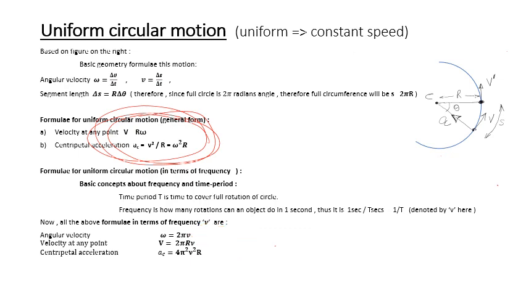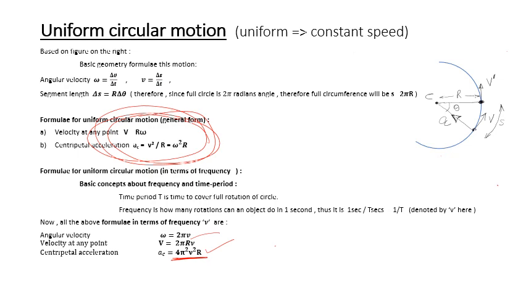So first, angular velocity is represented by 2 pi into frequency. Velocity or speed at any point is represented by 2 pi r into frequency, and centripetal acceleration, or acceleration towards the center of the circle, is represented by 4 pi square frequency square into radius.